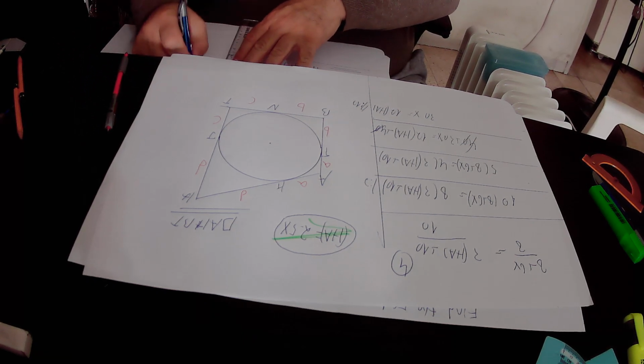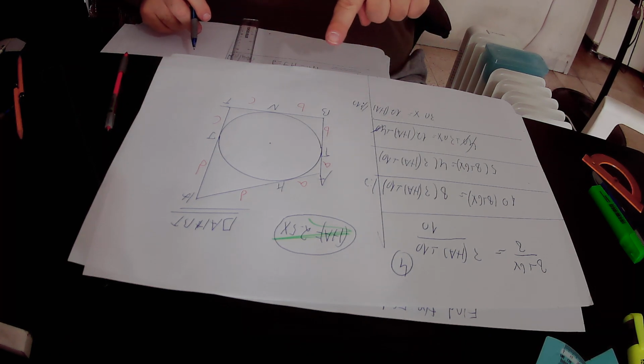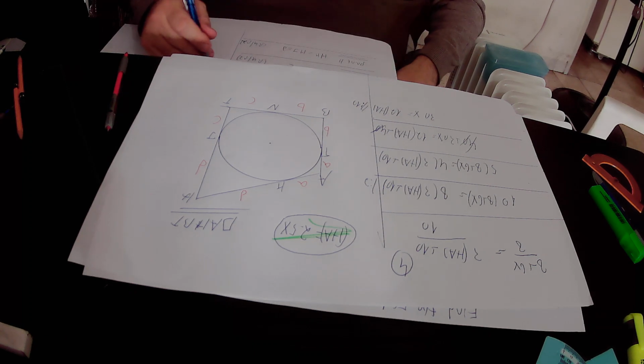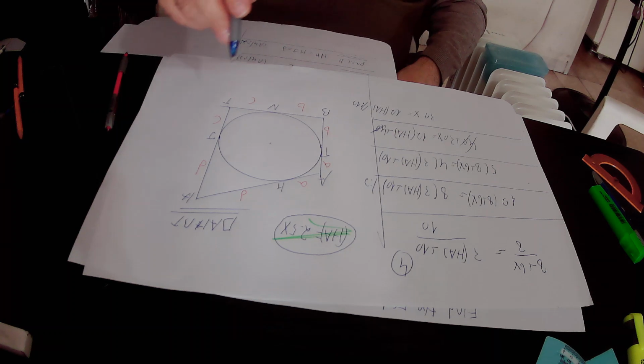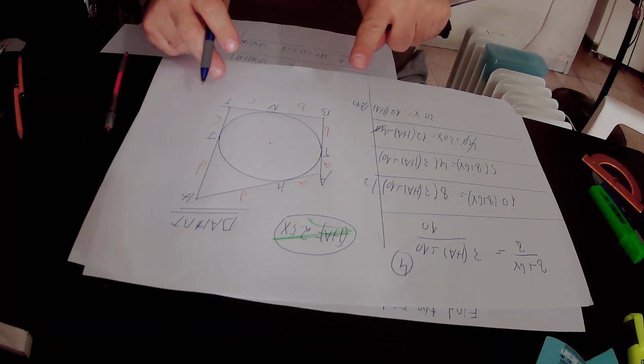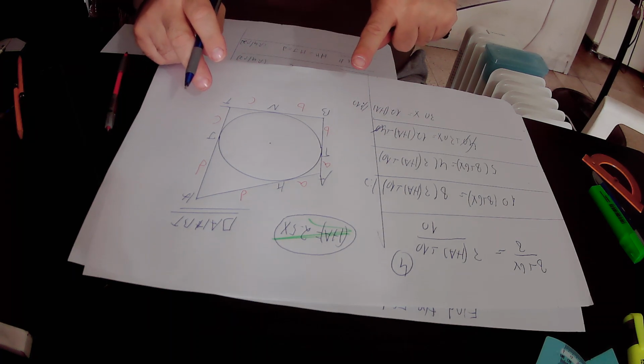In the next step, we will add side AB to side HT. Again, AB plus HT. We actually add the two opposite sides of quadrilateral AHBT.